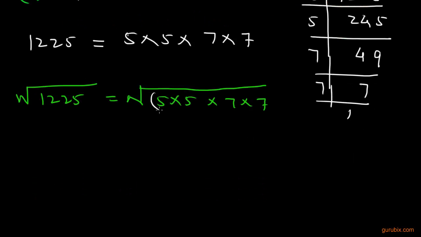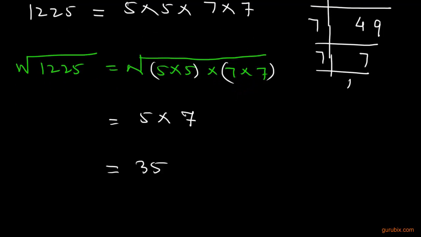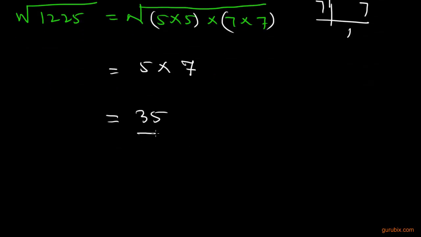Now we shall make pairs of the prime factors of this 1225 and take one factor outside of each pair from under the sign of square root to get 35. So the square root of 1225 is 35.